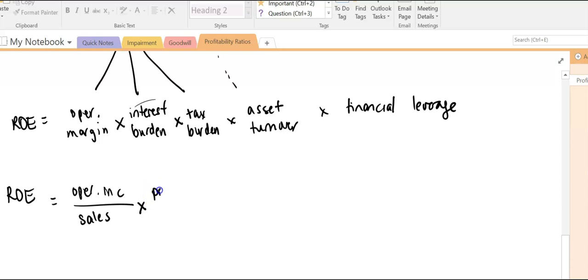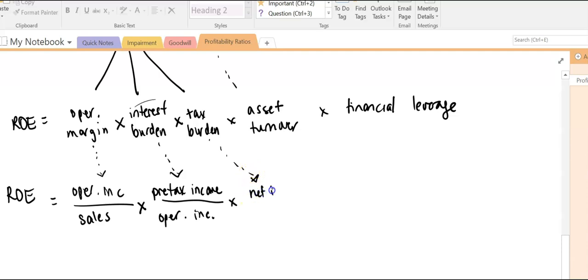So let's look at that relationship between pre-tax income, or income before taxes, to operating income. Then let's look at the impact of income tax expense on ROE. We're going to look at the relationship between net income, how much of your net income was retained after paying taxes on your pre-tax income.